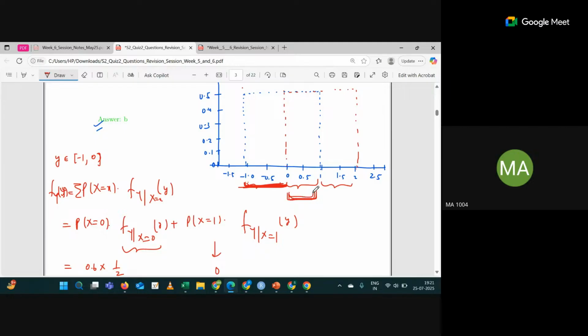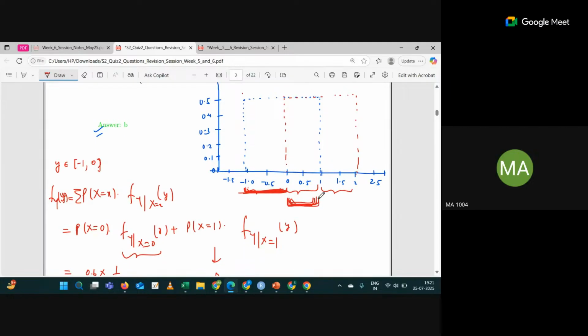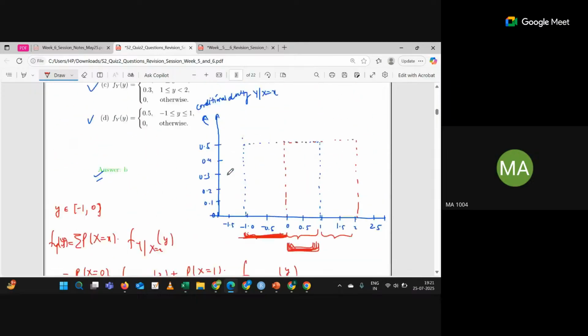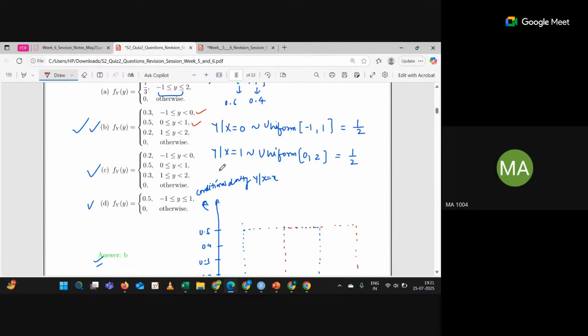I'm talking about 0 to 1 only. So it will be 0.6 into 1 by 2 plus 0.4 into 1 by 2. So basically it will be 0.3 plus 0.2, which is 0.5. You can see this is matching.